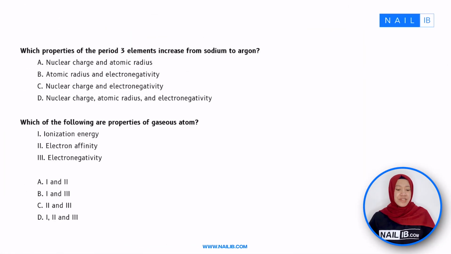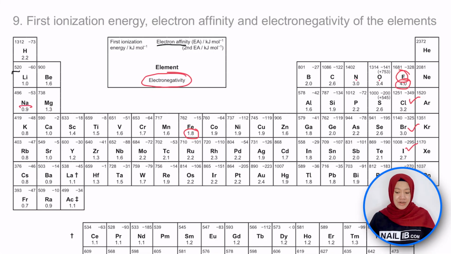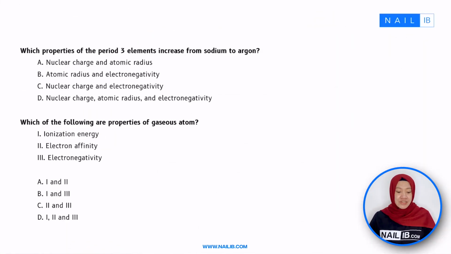Okay? Which properties of the period 3 elements increase from sodium to argon? Sodium to argon, so across the period. When you go across the period, the nuclear charge increases, +1, +2, but the atomic radius decreases, right? Because it has a bigger proton number and charge. What about electronegativity?